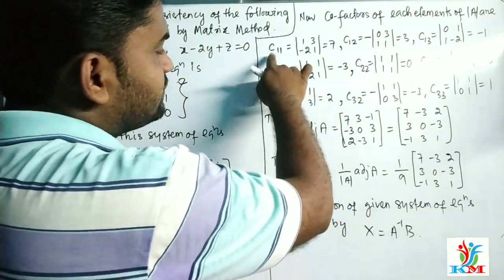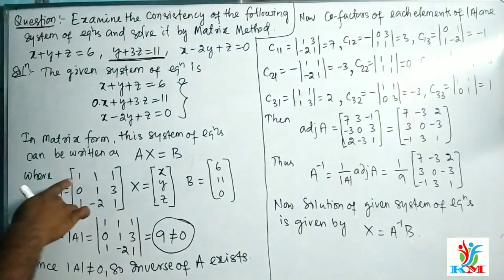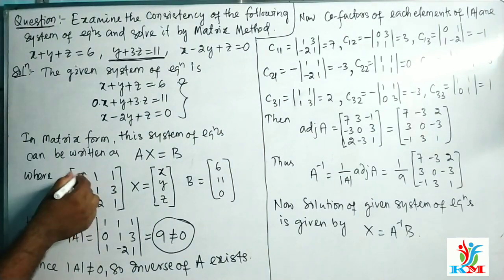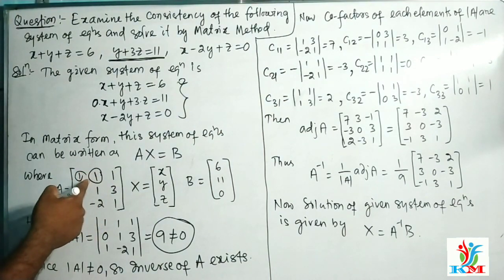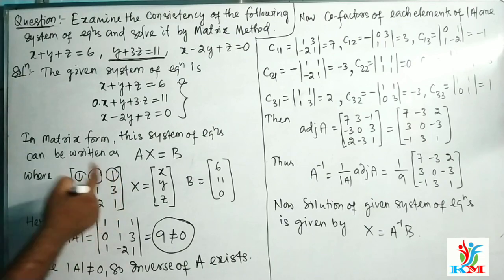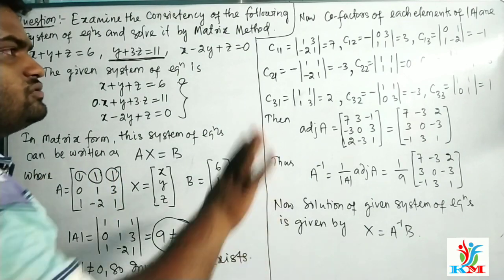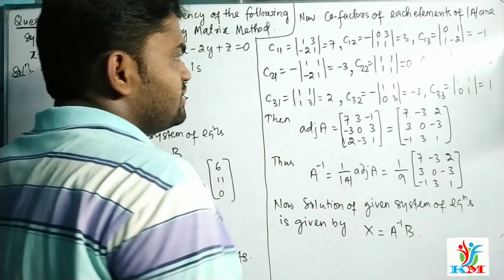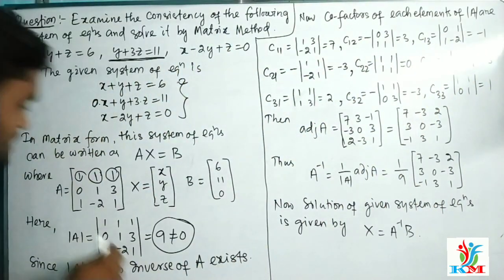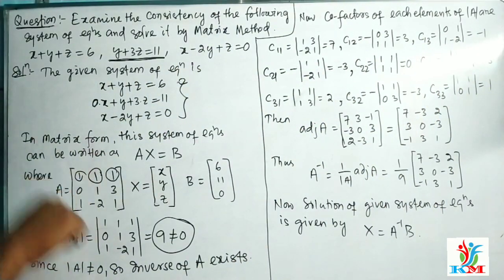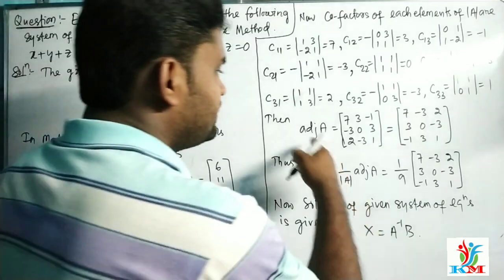C11 is the cofactor of this element 1, and C12 and C13 are the cofactors of the next elements. As we know how to find the cofactors, here are all the cofactors of the elements of matrix A.